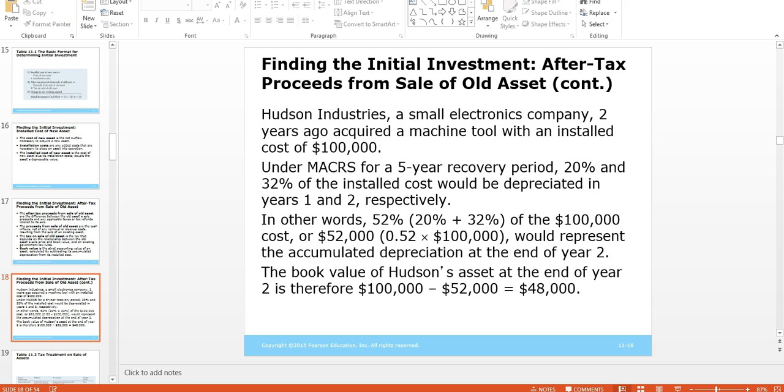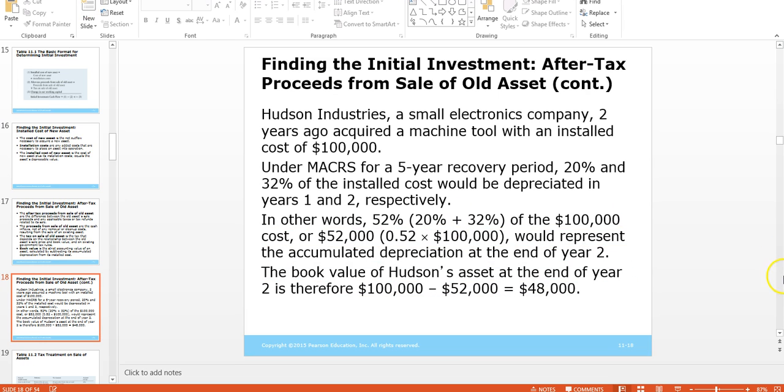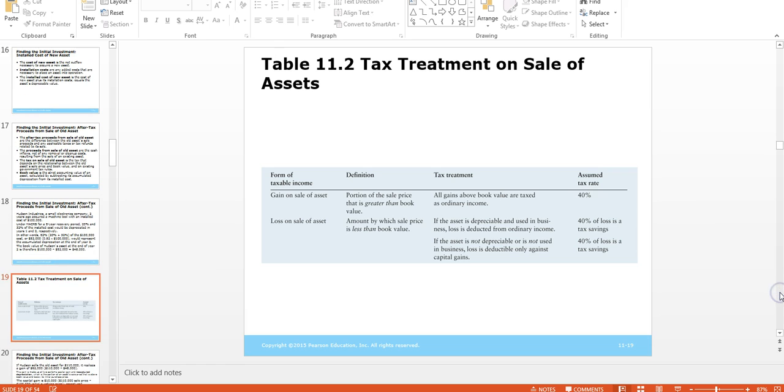So this little blurb right here is real important about depreciation, and you should go back and look in the chapters and understand how depreciation works. You're writing down the cost of something as it ages, for tax purposes, and the government lets you do that. So you have a book value.